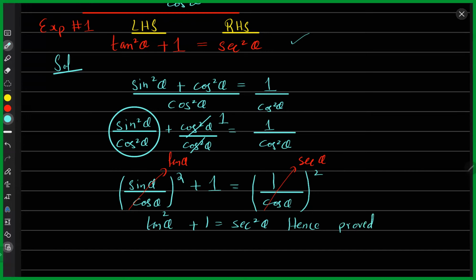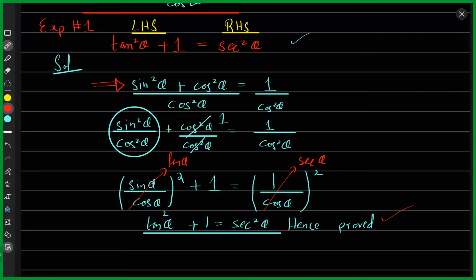This is what we had to prove and it is proved. Okay, so this time around we did not use left side, right side. We just started off by one of the helping identities, and that is how we got the identity proved. So this totally depends upon the question, upon the scenario, whatever it would be. And yes, you guys would be able to do that very, very easily.